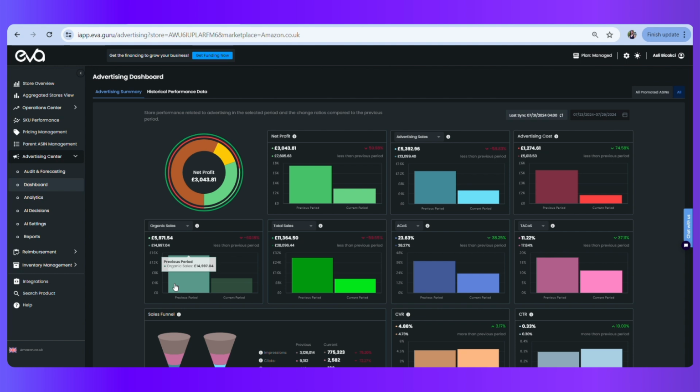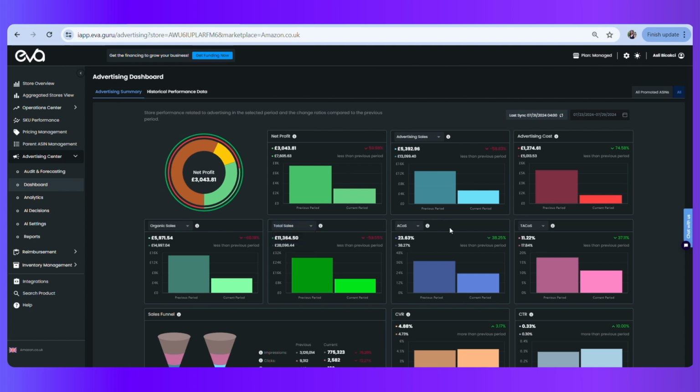Even if the order was cancelled, we can observe this sales in the advertising console for 14 days or something. So that's the reason why we have negative organic sales, etc.